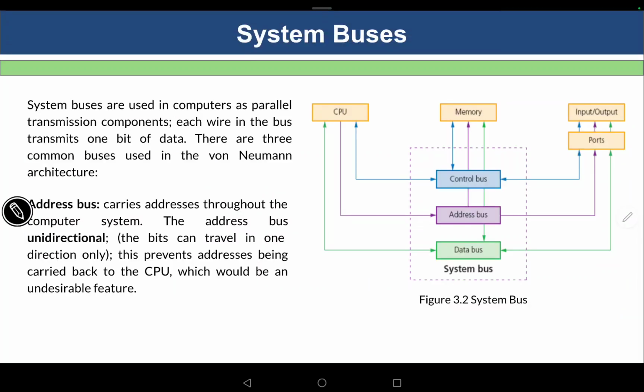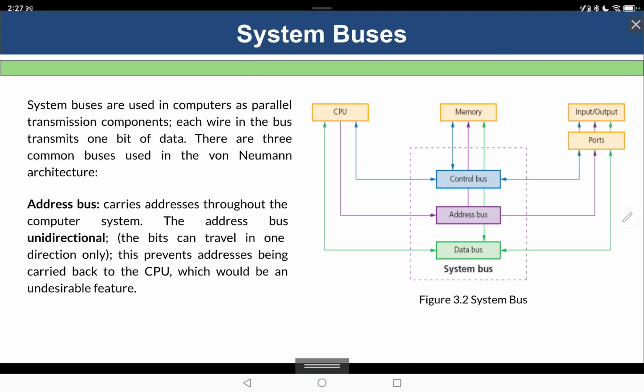Now let's look at the system buses. The system buses are used in computers as parallel transmission components. Basically, they are like highways for data inside the computer. And there are three common buses that are used in the von Neumann architecture. So we have the address bus. The address bus is used to carry addresses throughout the computer system, from the CPU to the input and output port.